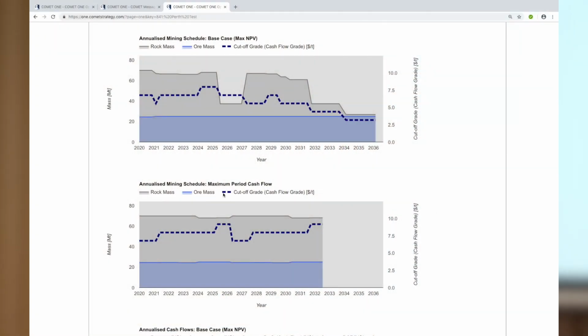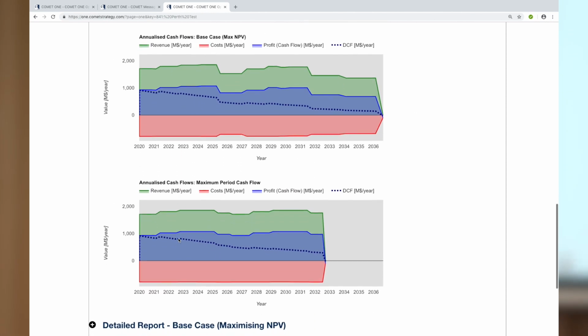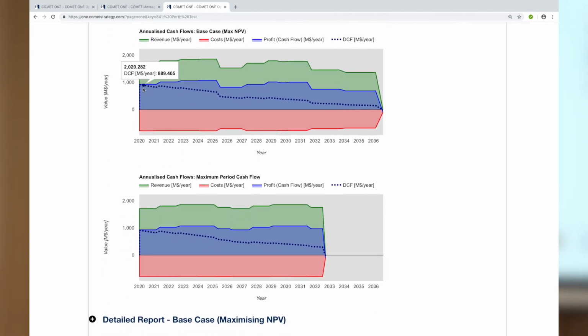You can see that the cash flows between these two cases are actually quite similar for the first 5 years. They're virtually the same. But then in the best NPV case, the cash flows decline a little bit, whereas in this other case, they just stay really high all the time.